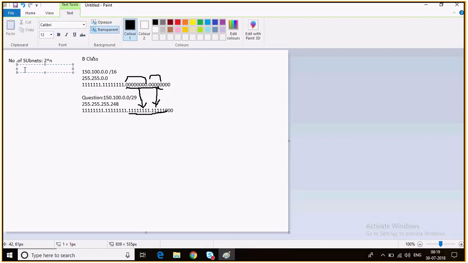So the number of subnets here is 2 raised to 13. I'll not calculate it, but you can calculate it if you want to. 2 raised to 13 is equal to 8192, right? If you don't want to calculate, you can leave it.